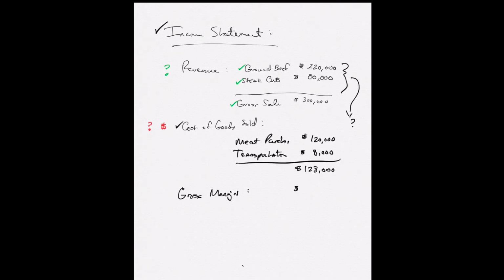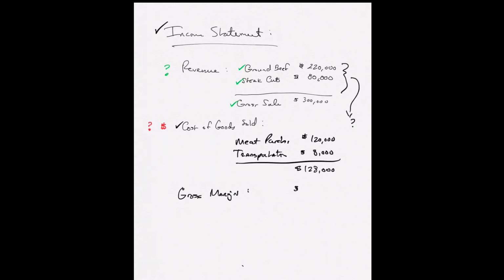Now, when you get a cost of goods sold, you end up with something called gross margin. And gross margin is just the difference between gross sales and cost of goods sold. So it's the amount of money left over. If we're looking at our example of 300,000 minus 128, well, that's not 378. That would be dumb.